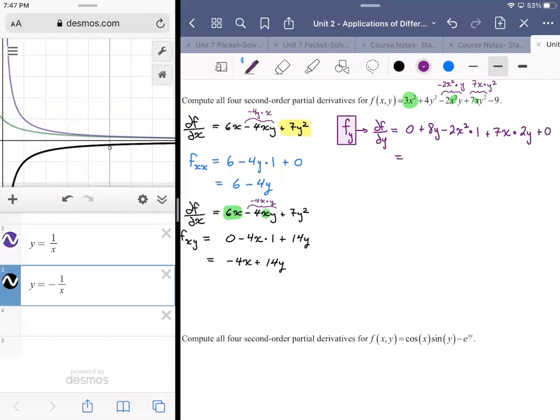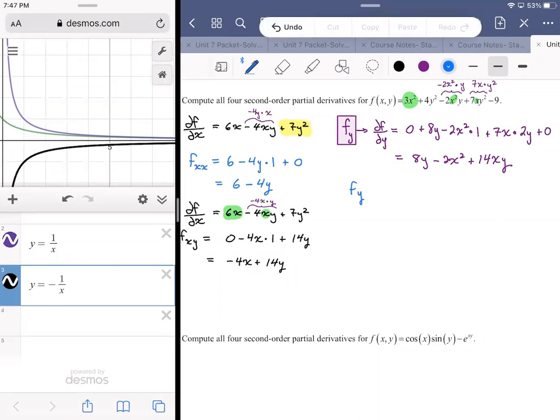All right, so cleaning it up, 8y minus 2x squared plus 14xy. Now I need to figure out my second order partial. I already had it with respect to y. Now I want to find it with respect to y again.